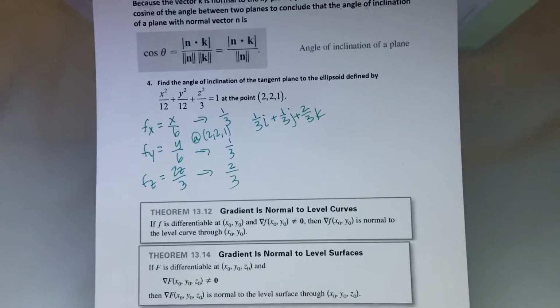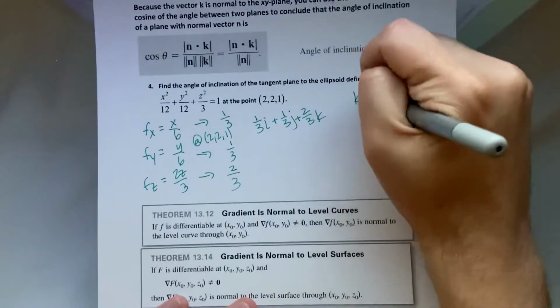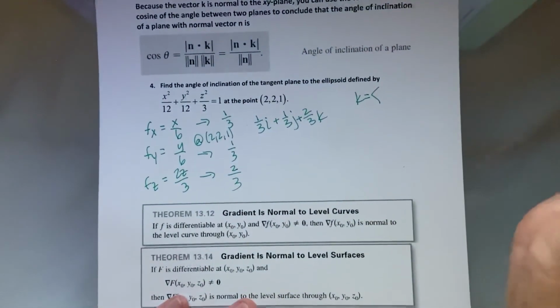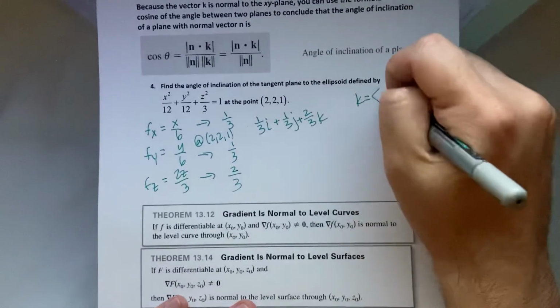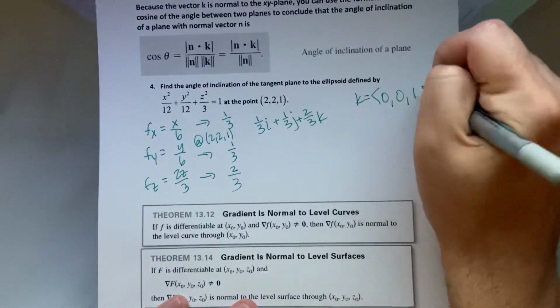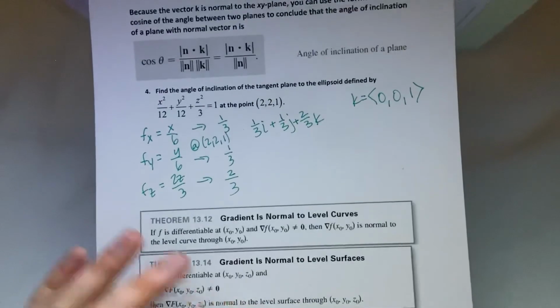Now k is the vector in the z direction; remember i is in the x direction, j is in the y direction, so k is in the z direction. If it's a unit vector in the z direction, it has to be (0, 0, 1).